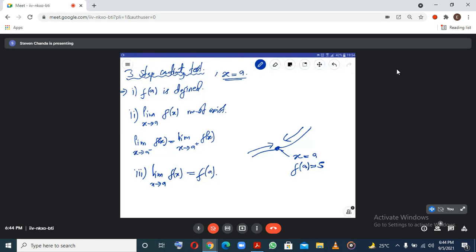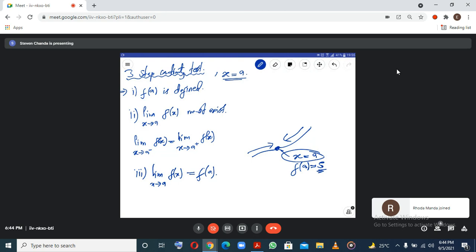It makes logical sense: as you approach a, your value is approaching 5, and when you plug a into the equation, you get 5. That makes sense, and it means that this is continuous.